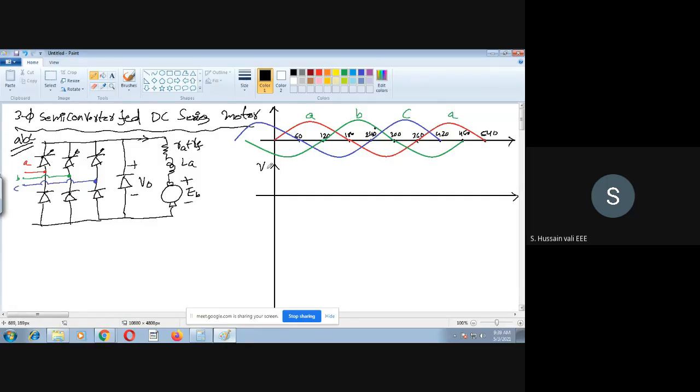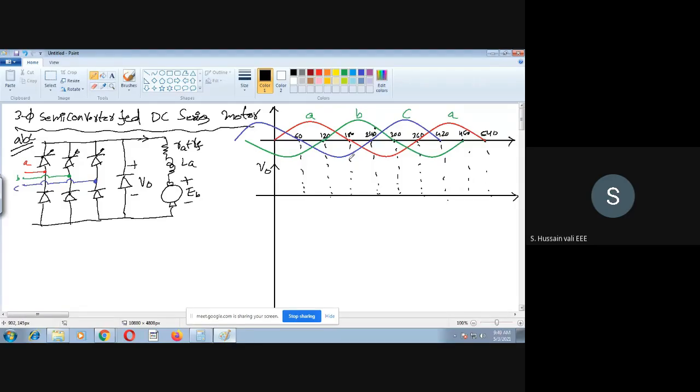So this is V naught. Then what we do is that, everything is same like the previous class itself. There won't be much change except what is the type of motor it is. Otherwise, there is nothing else.